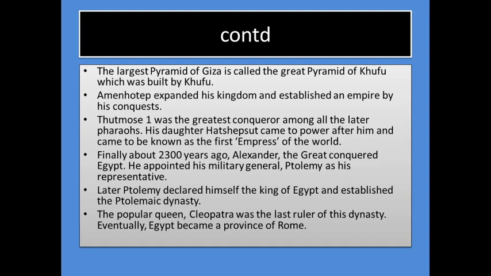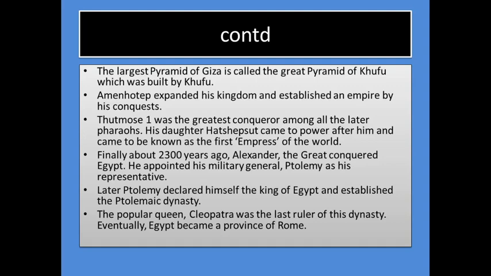So, here, let me explain to you. As the pyramids were built by Khufu, the largest pyramid of Giza is called the Great Pyramid of Khufu. And later, Amenhotep expanded his kingdom and established an empire by his conquest.